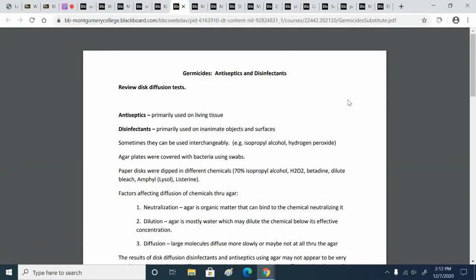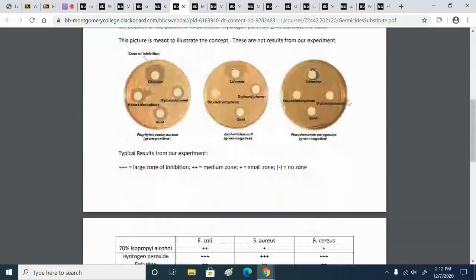So when using disk diffusion, it's not the greatest test for using different chemicals because there are problems with the agar. We just looked at the results and scored them relative to each other: large, medium, or small.